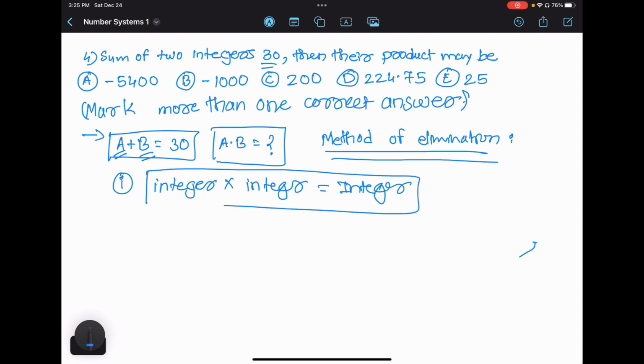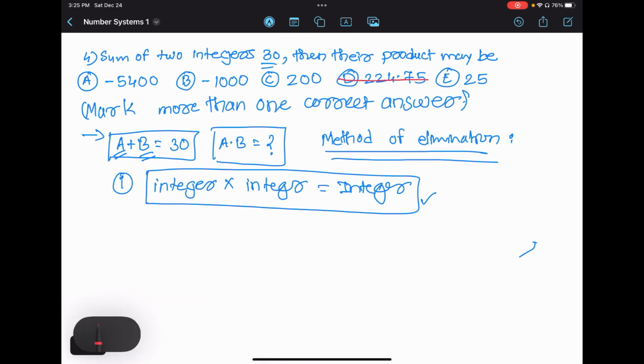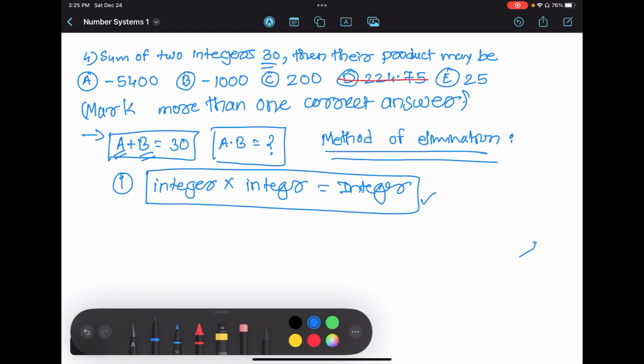This is one of the basic concepts we have to remember. That makes option D, which is a floating number, impossible as the answer. That is the first thing we have eliminated.